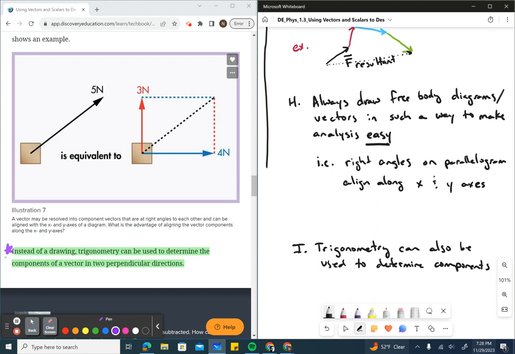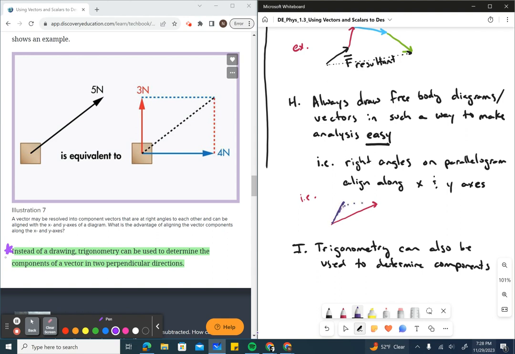Before we move on to the trigonometry, if we were to come back up to letter H, if we have a vector that is going this direction, you may be trying to decide how you want to break this apart. Do you want to break it apart like this?